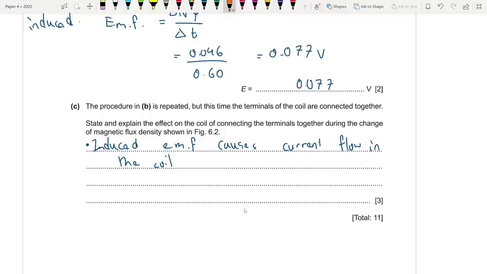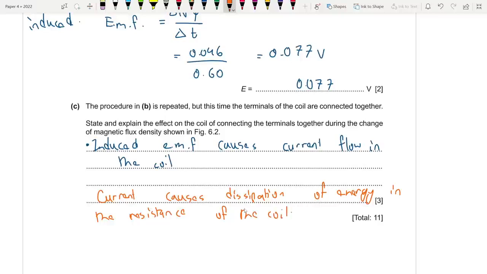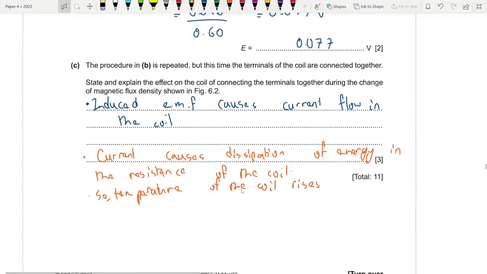I would personally go for the current causes dissipation of energy in the resistance of the coil. So temperature of the coil rises. This is one route. We get 2 marks for this.